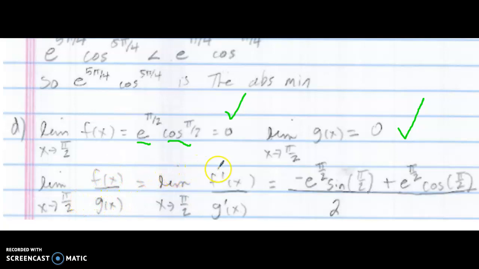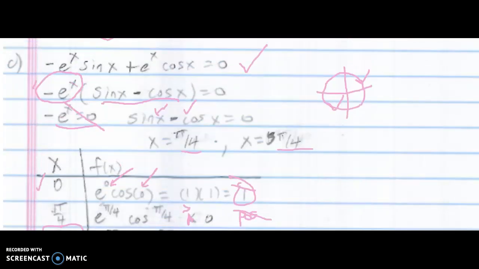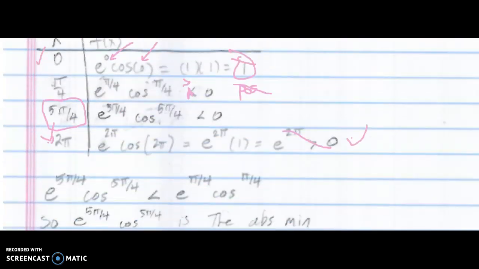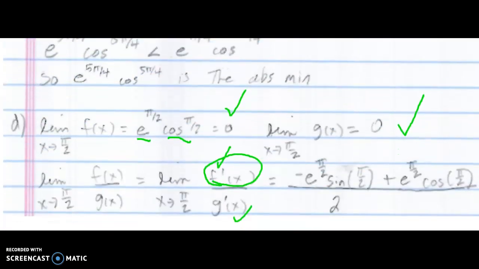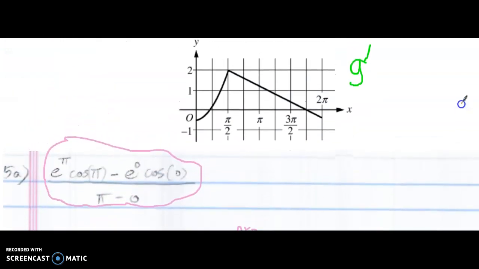Remember, L'Hopital says take the derivative of the numerator, the derivative of the denominator, and resubstitute. F prime, as you recall, we found the derivative of that earlier in, I think it was part B, so I'm substituting pi over 2. G prime of x, I'm going to have to get off of the graph, G prime of pi over 2.